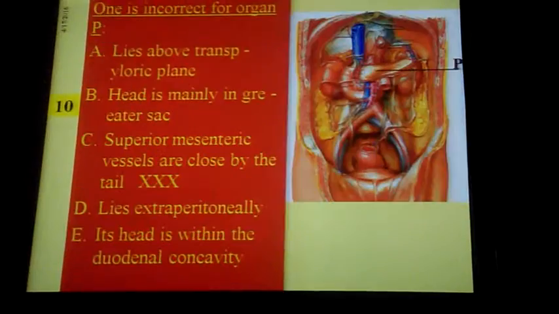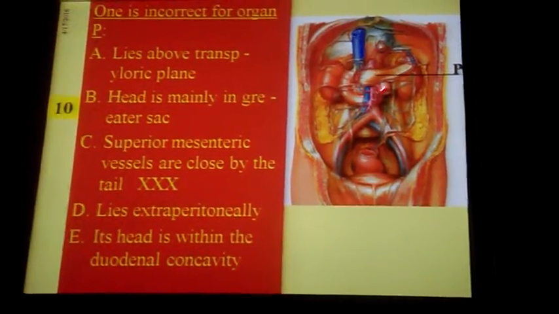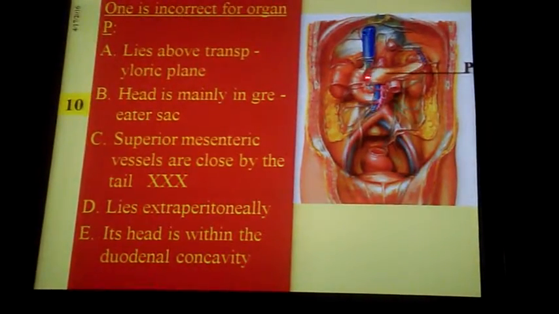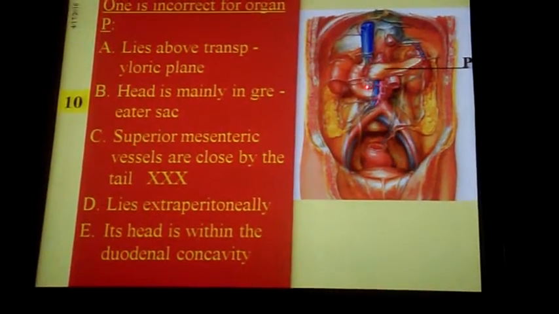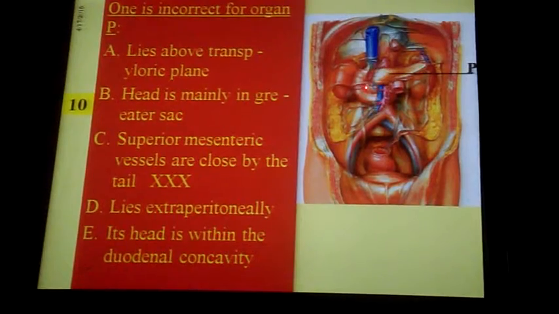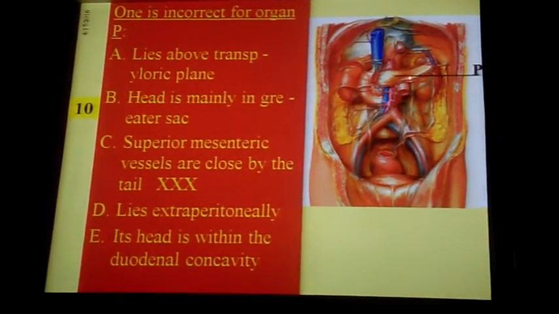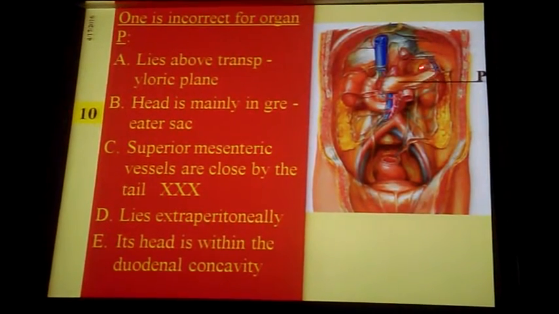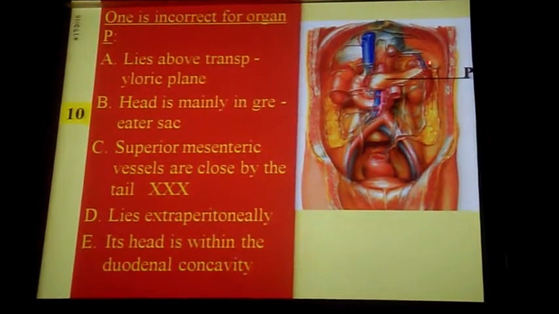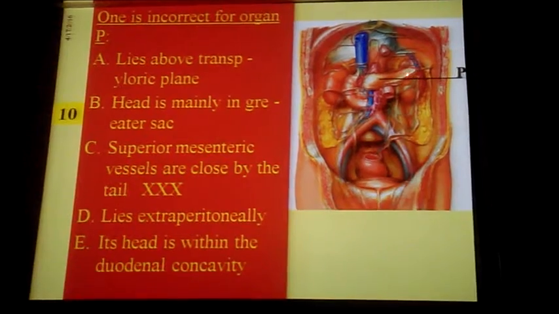Next one. Now we come to another gland which is partly an endocrine and partly an exocrine gland. And a head, body and tail. It is partly, or mainly, retroperitoneal and partly intraperitoneal, because this part lies in the splenogastric ligament, so it is intraperitoneal.